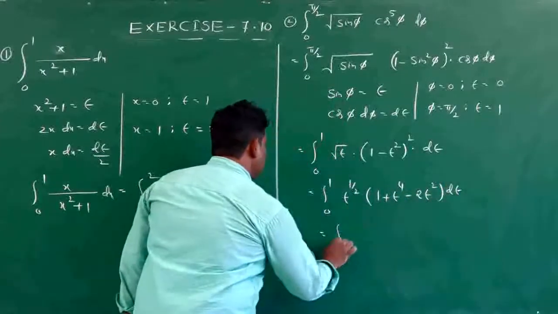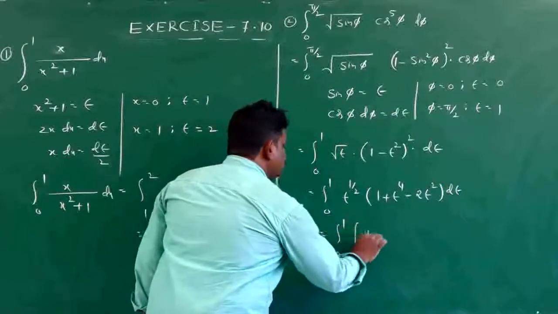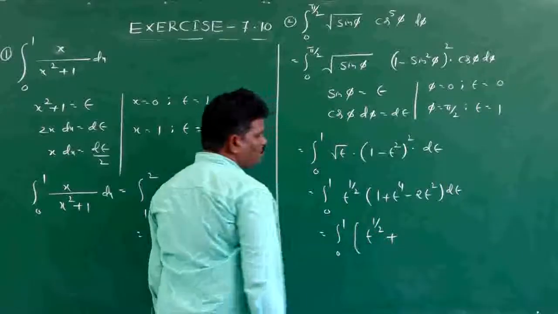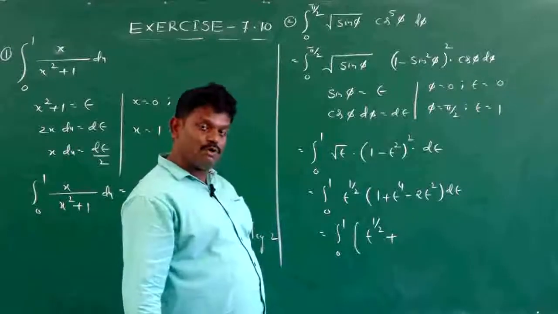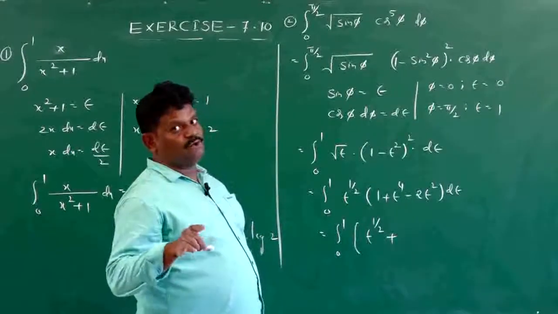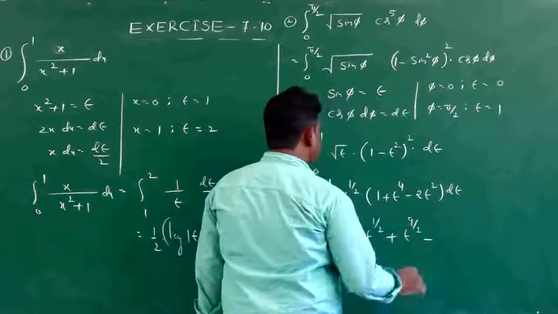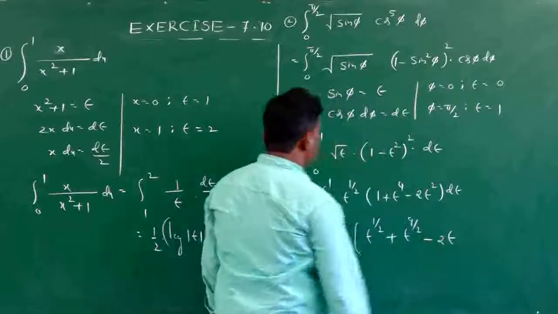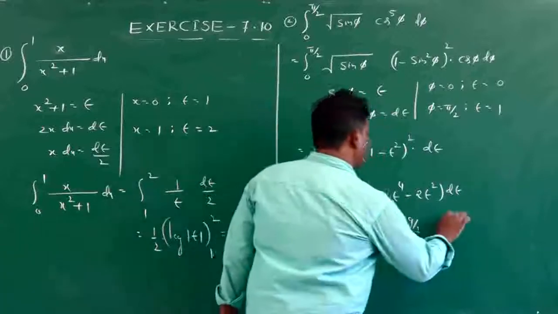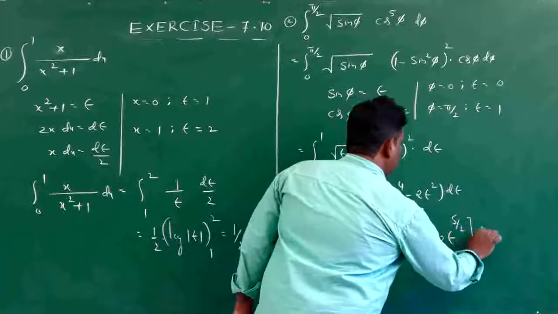That is equal to the integral from 0 to 1 of t power 1 by 2 plus t power 1 by 2 plus 4, which is t power 9 by 2, minus 2 into t power 1 by 2 plus 2, which is t power 5 by 2, dt.